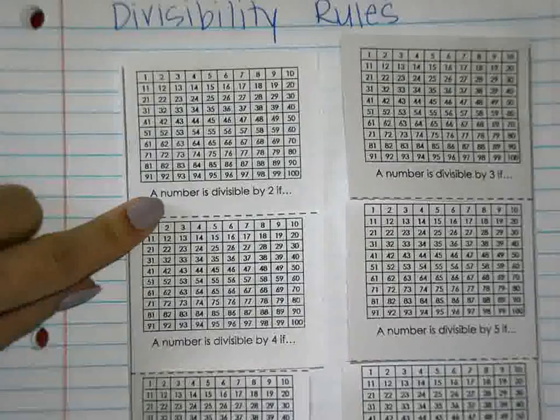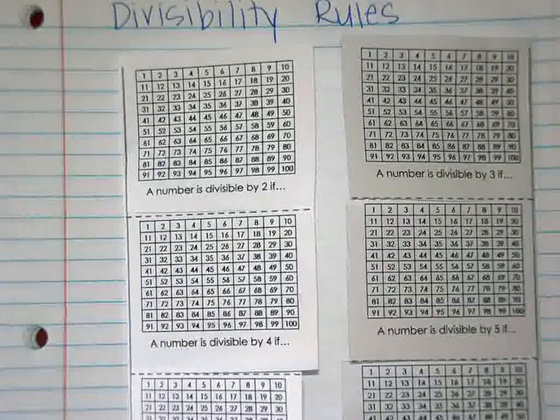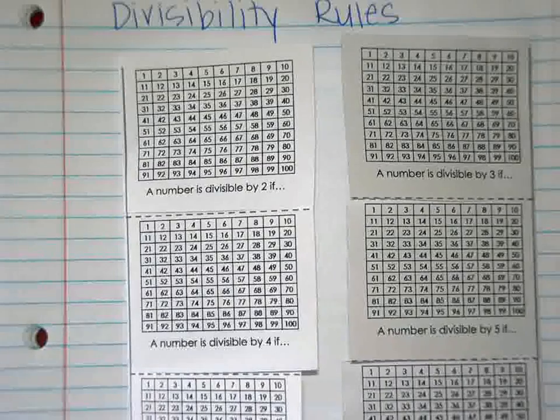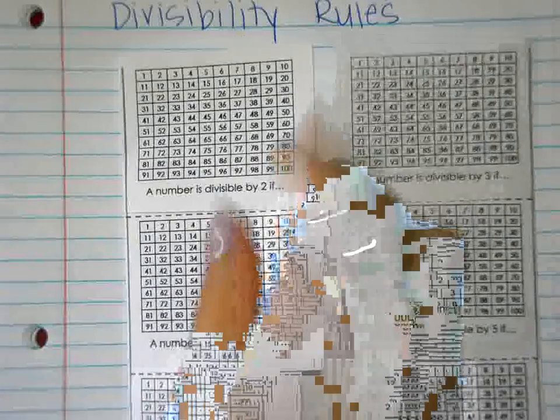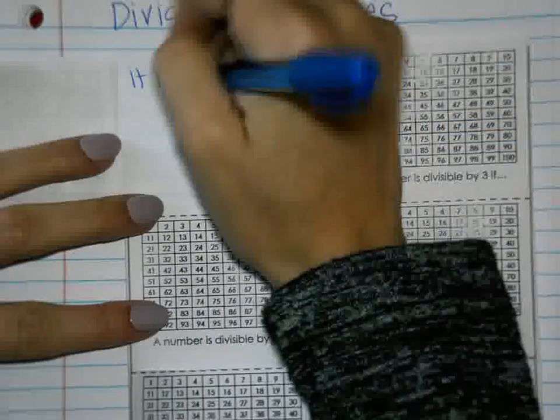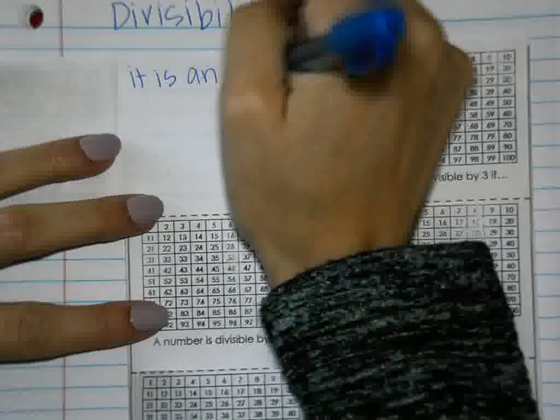If a number is divisible by 2, we've already talked about this. If a number is divisible by 2, okay, that means that it is, so I'm going to open this up and I'm going to write, it is an even number.